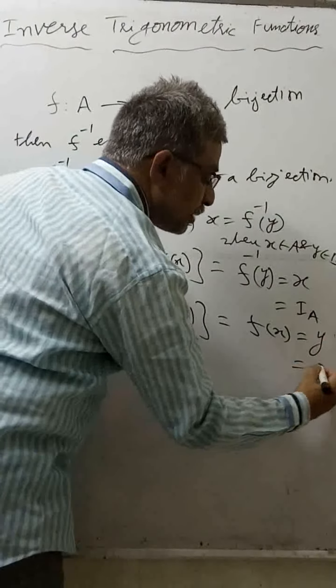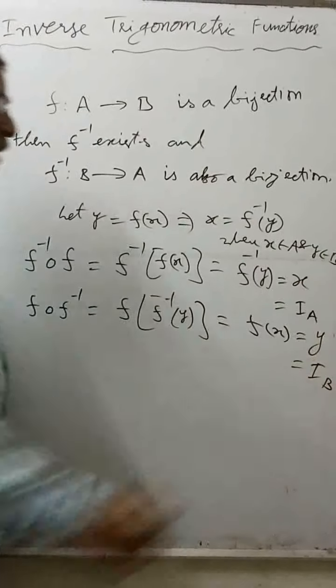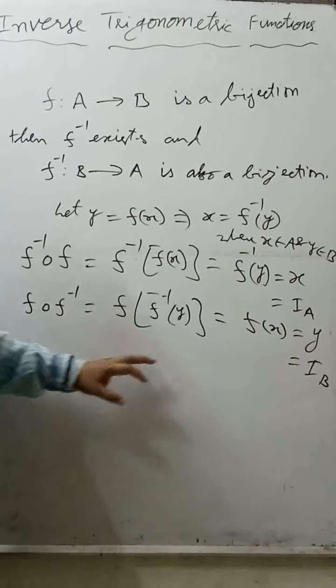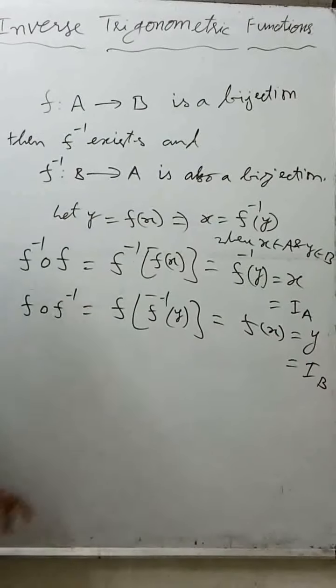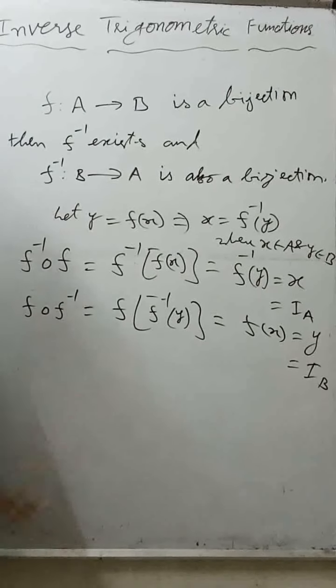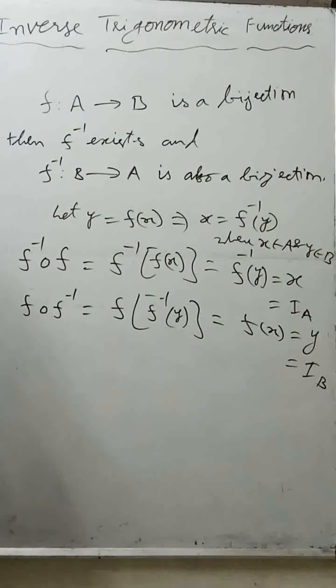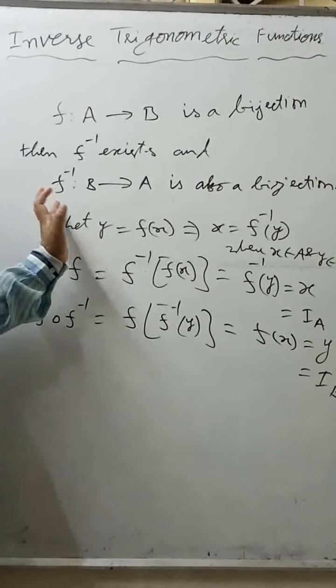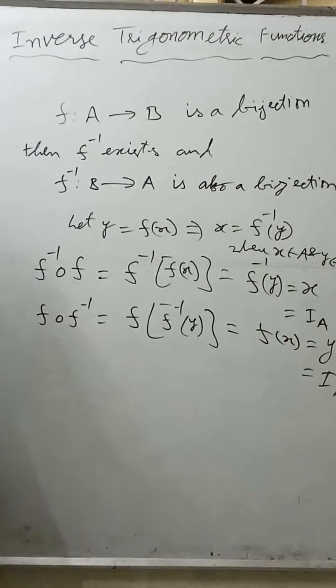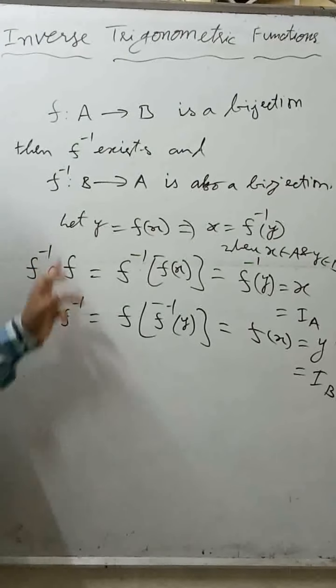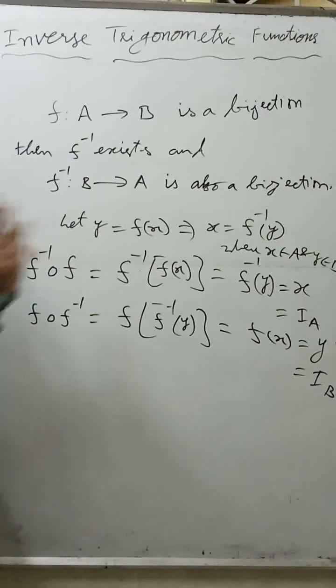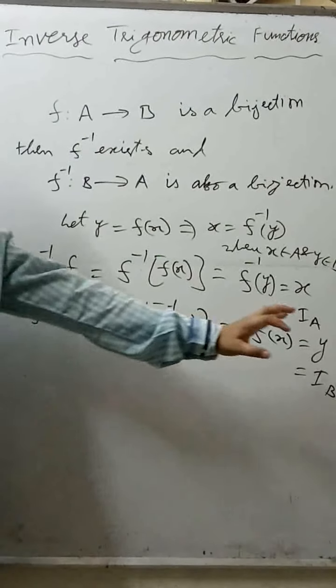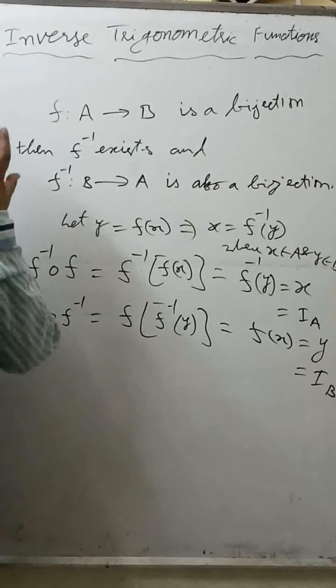So this is nothing but identity in B. This is what we already discussed in functions. Why are we discussing this? Because we know that if f is a bijection, then only f inverse exists. F inverse from B to A is also a bijection, and f inverse circle f is always identity in A, that is x. F circle f inverse is always identity in B, that is y.